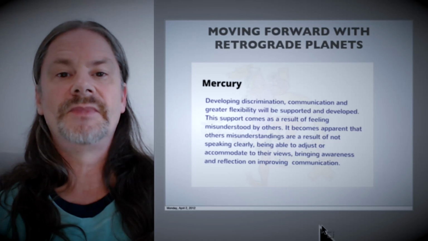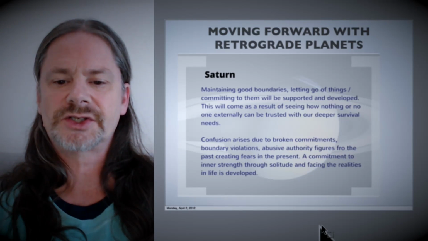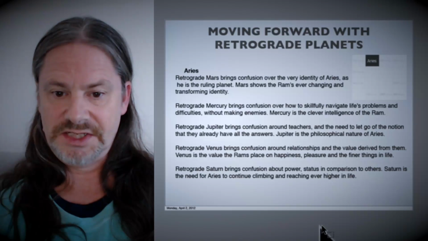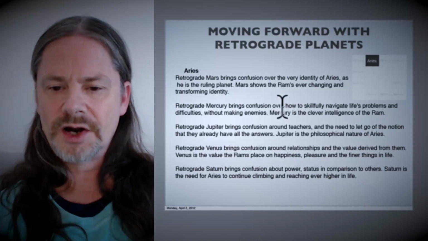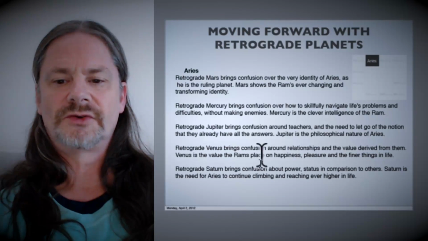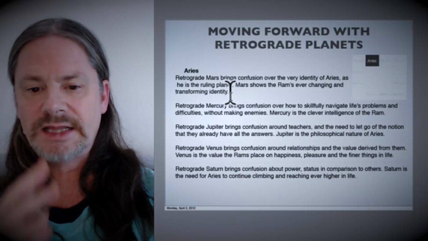So again, in the course on retrograde planets, I talk about each of the planets as karakas, but then I get into every sign. So you see, then I go through Aries. Retrograde Mars brings confusion over the very identity of Aries, as he's a ruling planet. Also, the Ram's ever-changing and transforming identity, because Mars rules the 1st and the 8th house.